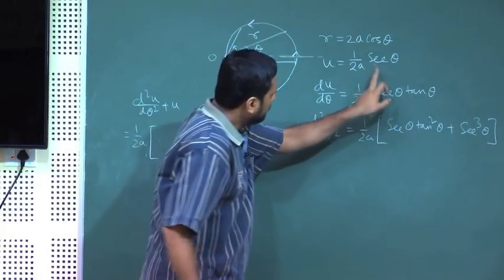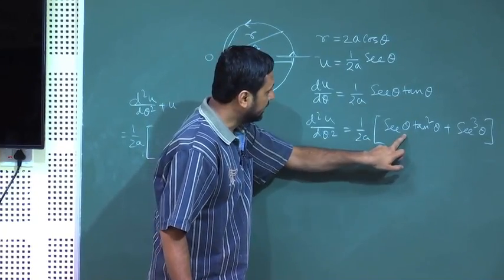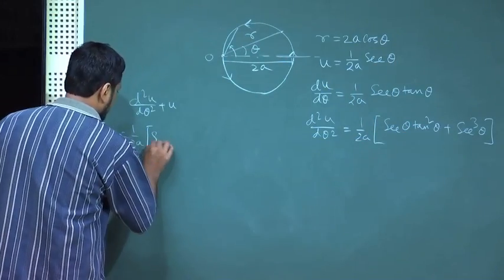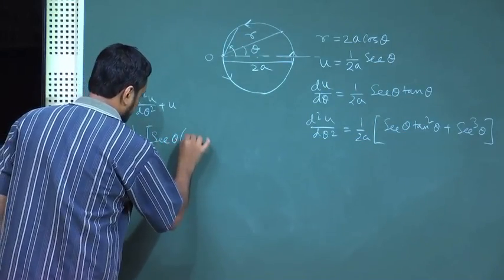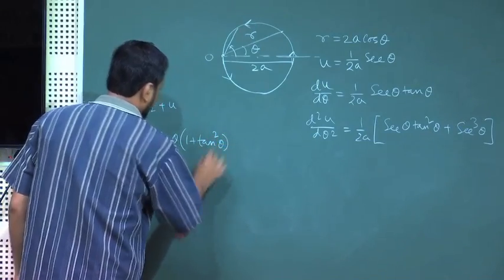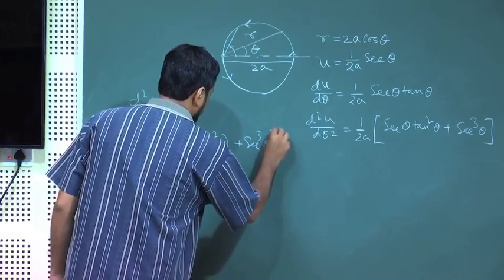Now, if we add these two terms and take sec theta common from the first term and this term, then we have sec theta into 1 plus tan square theta, plus sec cube theta.